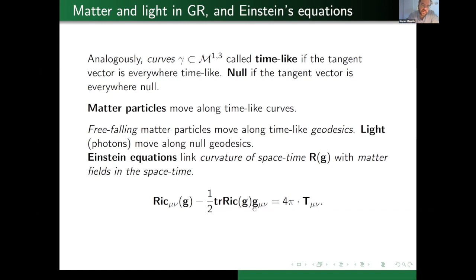The left-hand side sees only the metric via its Ricci curvature, the trace of the Ricci curvature, and the metric again. The Ricci curvature is a part of the full curvature tensor, a 4-tensor with certain symmetries and antisymmetries. The Ricci curvature is the non-trivial trace of that.